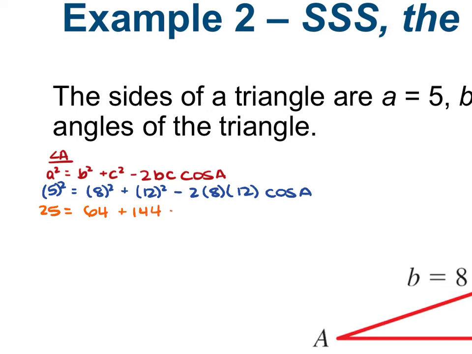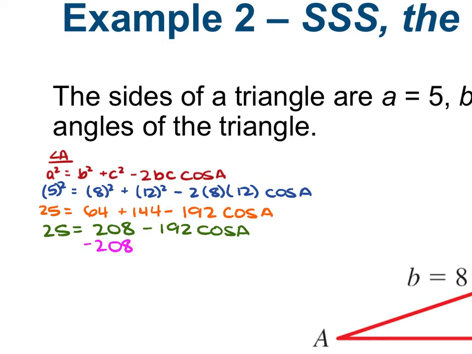The negative 2 times 8 times 12 gives us negative 192, and then we have that cosine A. That negative 192 is being multiplied by cosine A, so you cannot combine it with the 64 and the 144. Add your 64 and your 144. You get 25 is equal to 208 minus 192 cosine A. Solve for angle A here.